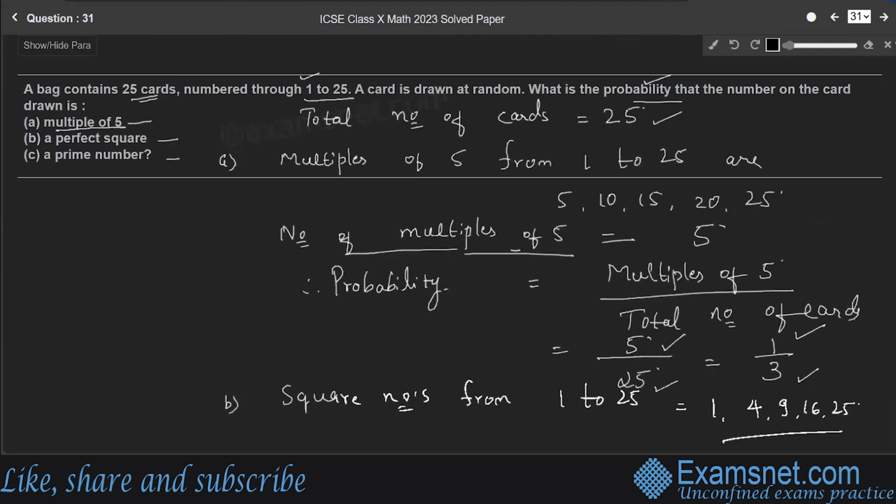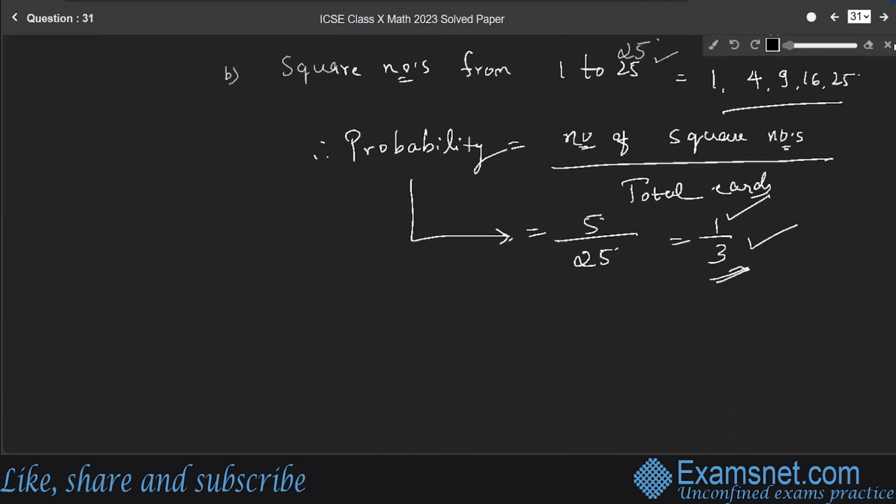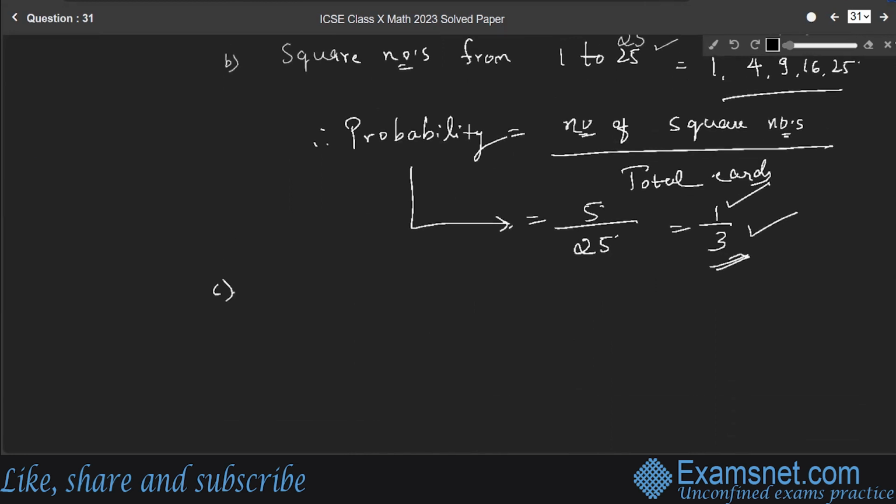The next question is the probability that the number on the card is a prime number. Before that, let us consider the prime numbers from 1 to 25. Prime numbers are numbers divisible only by 1 and the number itself. We cannot consider 1 a prime number.